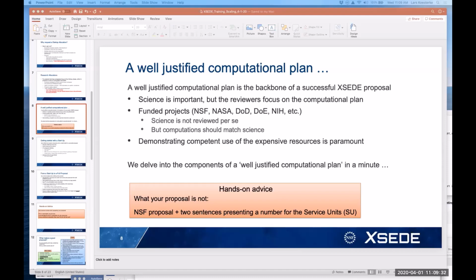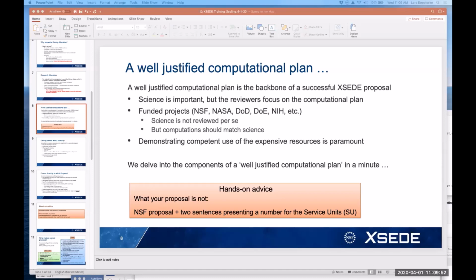So I'm going to go into some of the details of what a good proposal will be. There's a lot of general advice that applies to any proposal that you submit. And then I go into some of the details for computational requests. Those are most of the requests that we get.